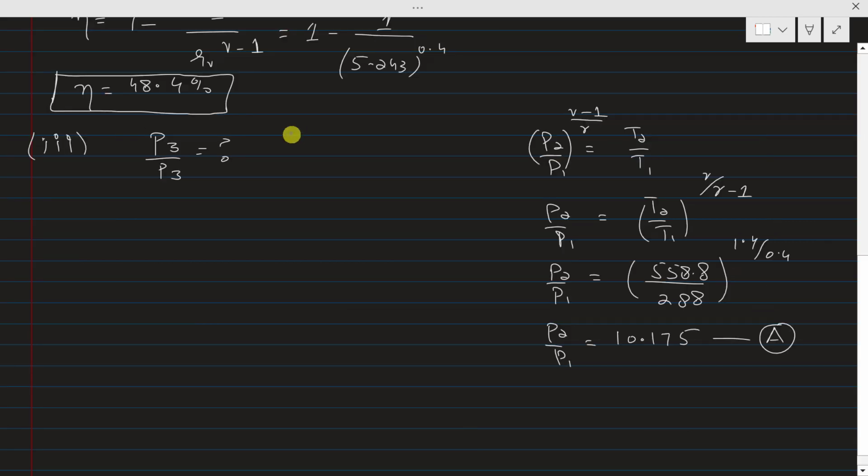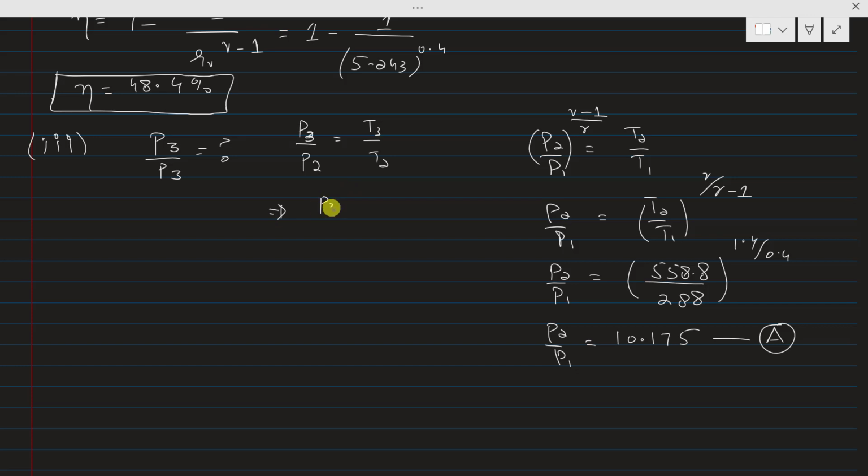So here I can write that P3 divided by P2 is equal to T3 divided by T2. There is a direct relationship when volume is constant, so the pressures and temperatures have a direct relation. No exponent is required.